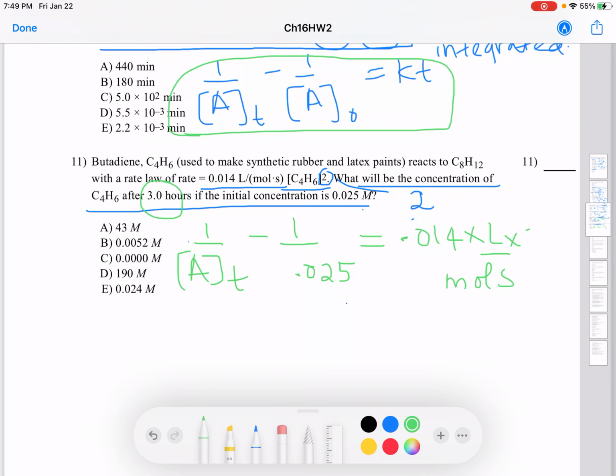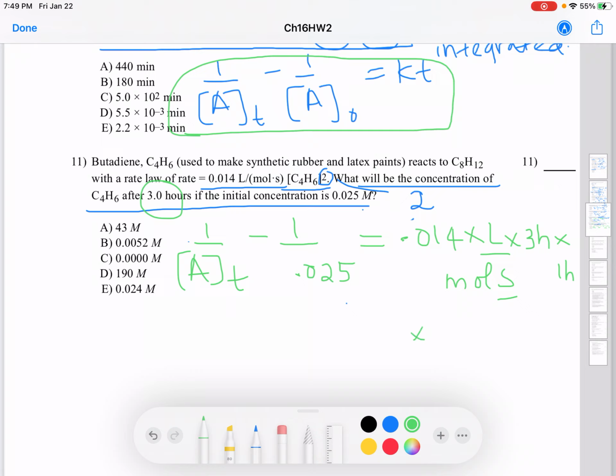So times 3 hours. Now you need to be vigilant here, because now this is moles per second and hours. So you want to make sure you convert hours to seconds. How do you convert hours to seconds? 1 hour is 3600 seconds.